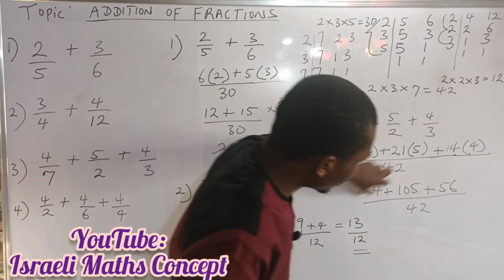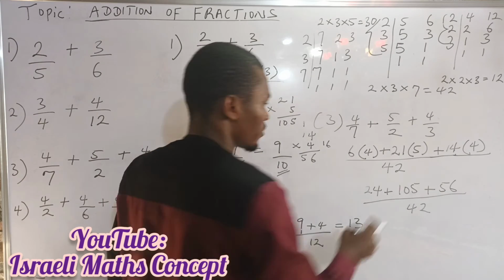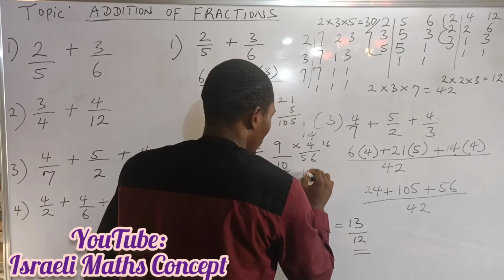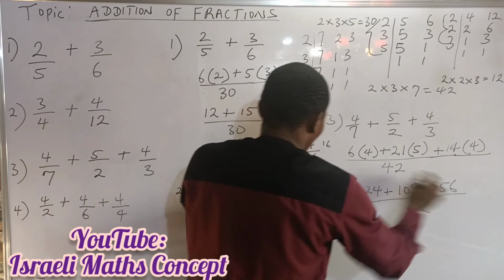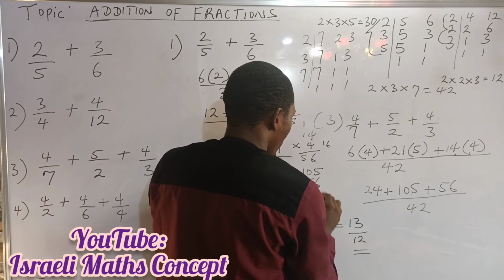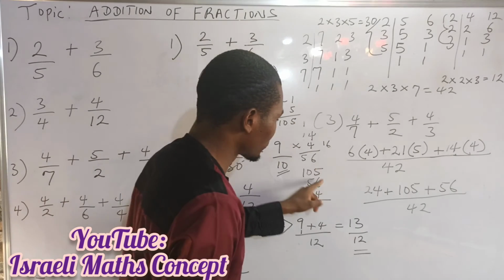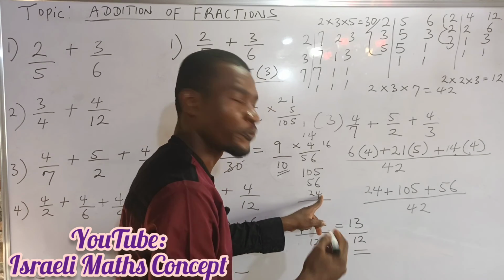Okay, we add all these numbers. How do you add it for your keys? Very simple. Try to put the largest number, which is 105, then followed by 56, then followed by 24. Then 5 plus 6 will give us 11, and 11 plus 4 will give us 15.